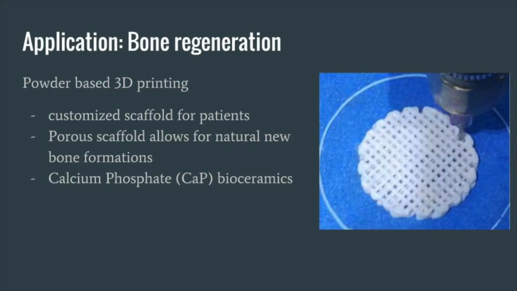The main material found to model the characteristics of the bone was calcium phosphate bioceramics, as it exhibited high osteoconductive properties, and therefore this is the main area of research being done right now.